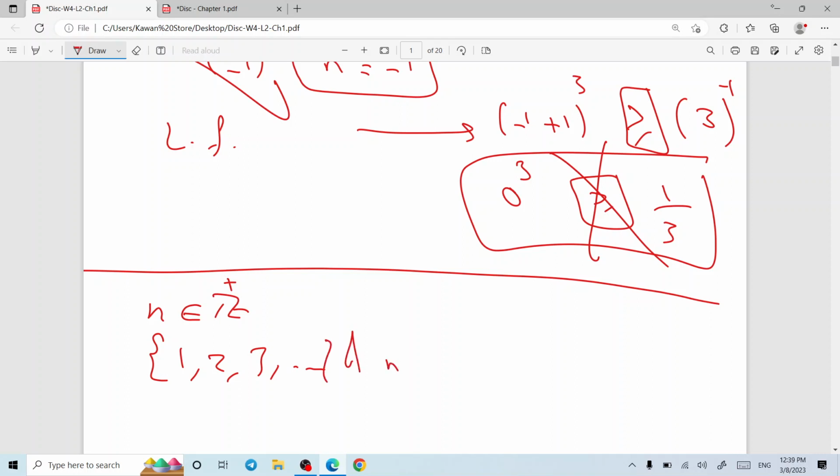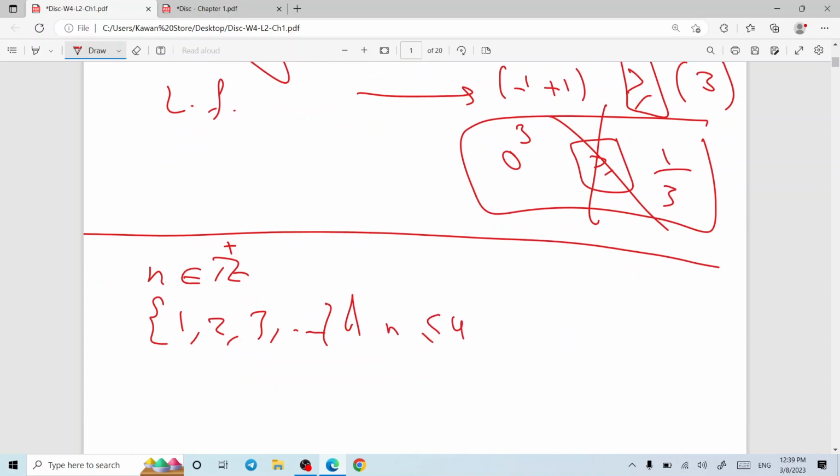And n less than 4, what do I mean by that? Just if I say n belongs to Z positive, prove whether this statement is true or not: (n+1)^3 is greater than 3^n.